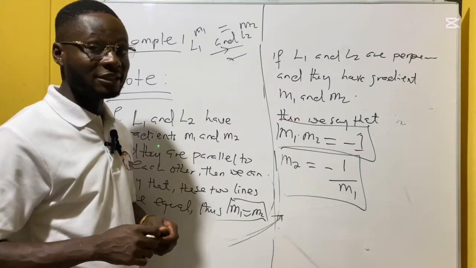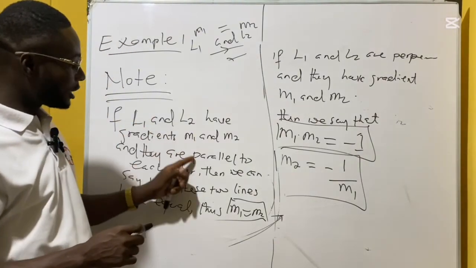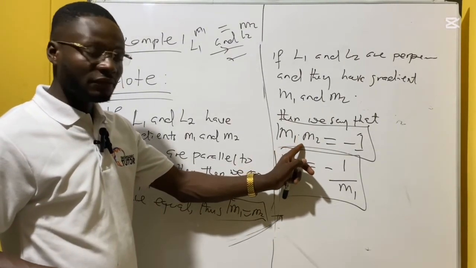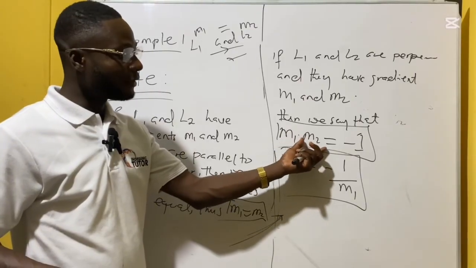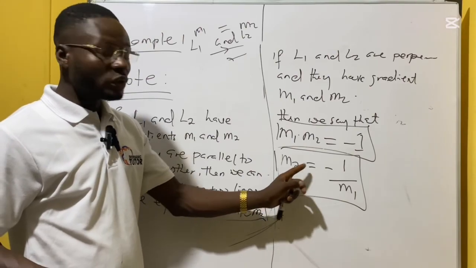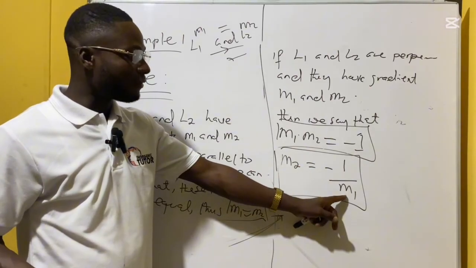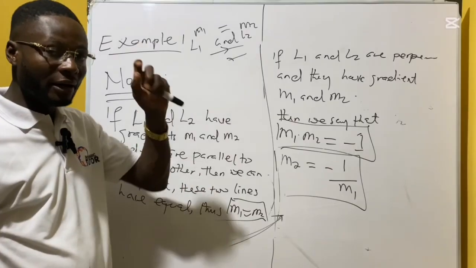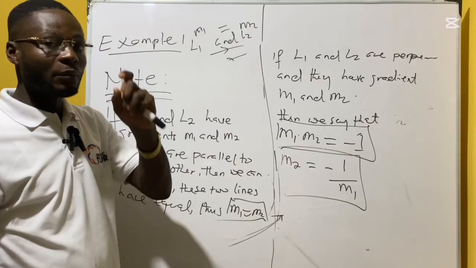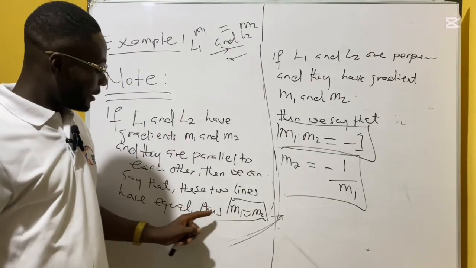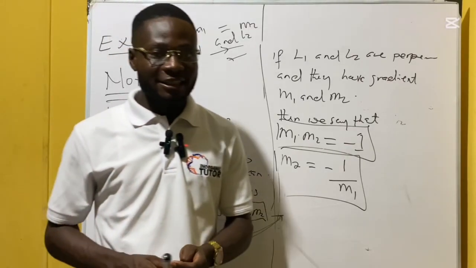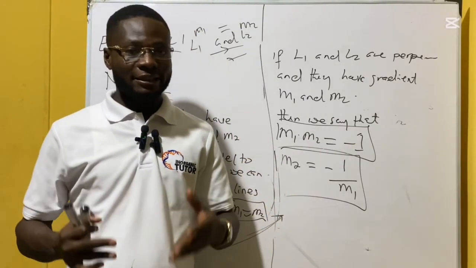They are objective information. So if they are perpendicular, then the product of gradient 1 and gradient 2 will be equal to -1, and in other words, M2 is equal to the negative reciprocal of M1. And if they are parallel, then line 1 and line 2 having gradients M1 and M2 have M1 equals M2. And that is the end of lecture 1.